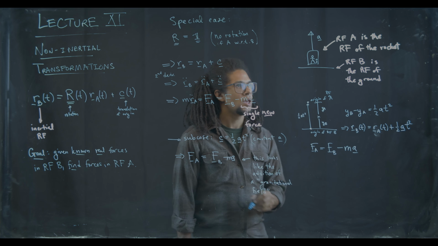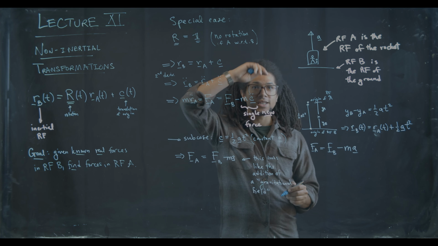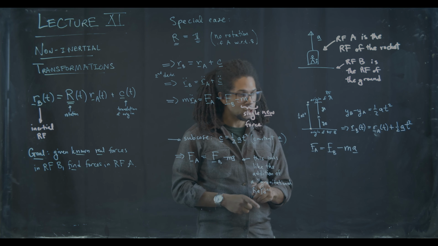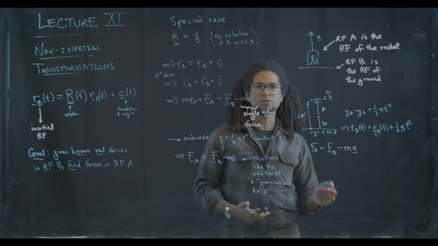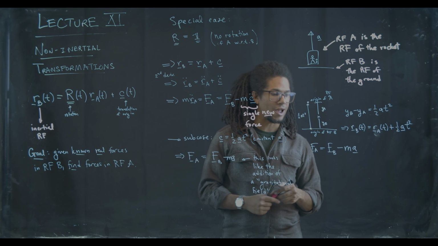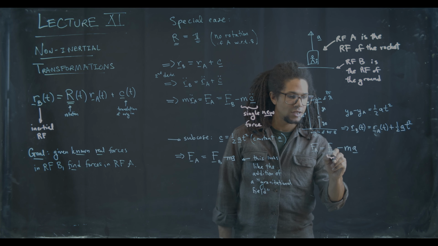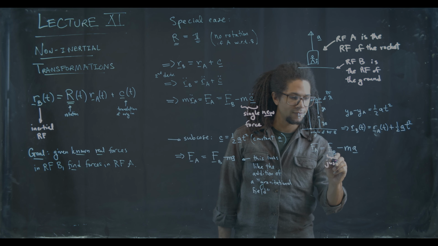Good. Now, I'm imagining that this is a rocket taking off from the surface of the Earth. So I actually know what the forces in reference frame B are. The only force that's relevant here is the force due to gravity.